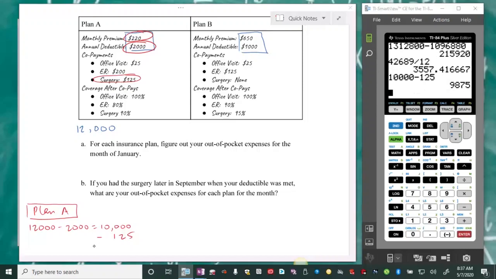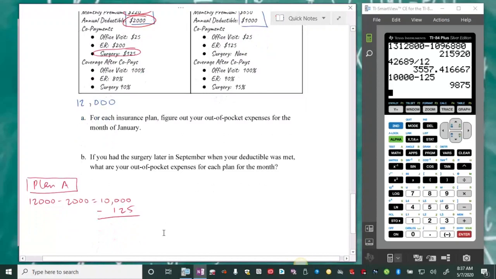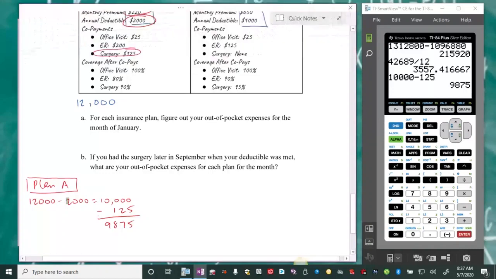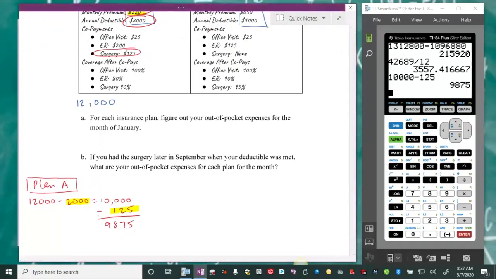So that gets us down to $9,875. I'll highlight what we're paying. So we're paying the $2,000, we're paying the $125, and that's on top of the $220 that we're paying for the premium.